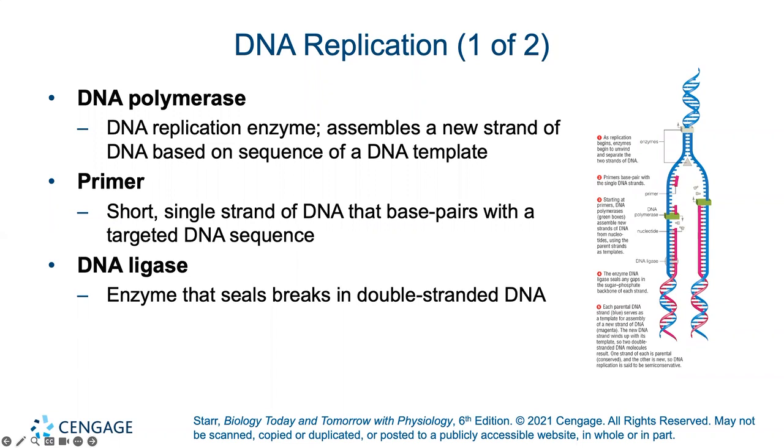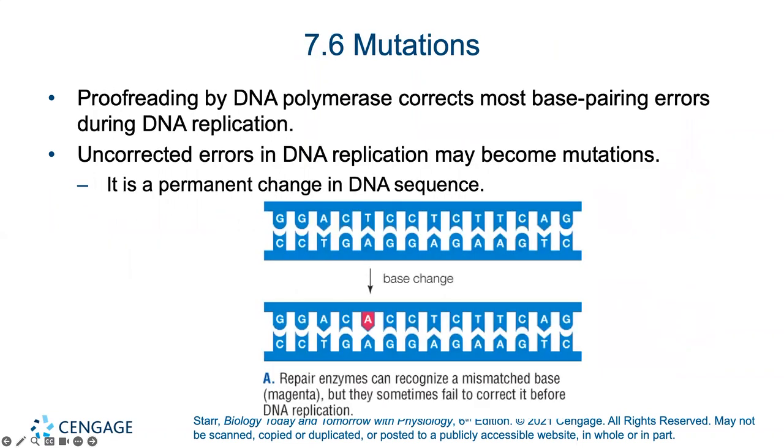And the result, unless there is an error, is that the information is faithfully reproduced so that each new organism or each new cell can use it to make the proteins of life that sustain it properly.